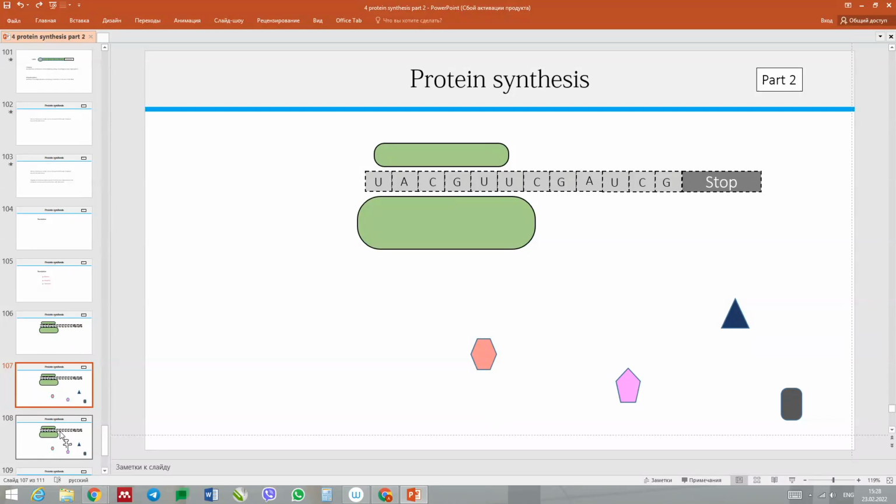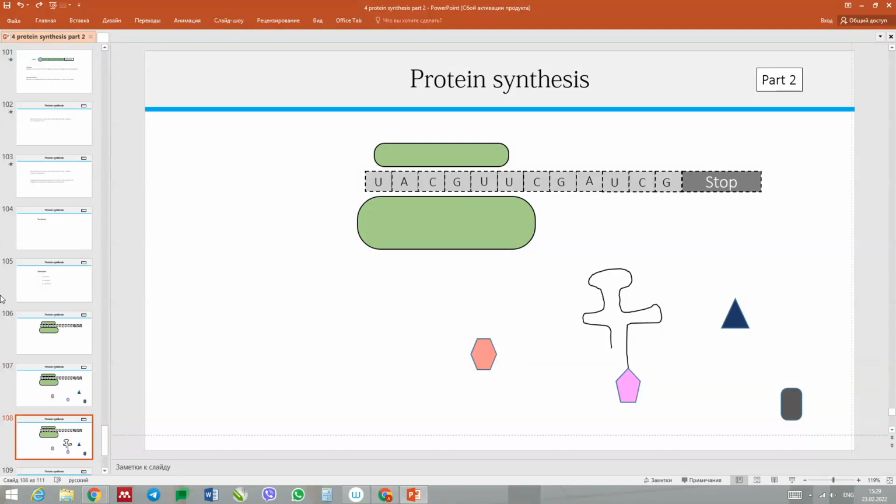Here you see a simplified illustration of amino acids that are located inside of the cytoplasm, and in order to transport these amino acids into the ribosome, they have to be associated with transport RNA. Transport RNA in a very simplified manner can be illustrated with this picture.